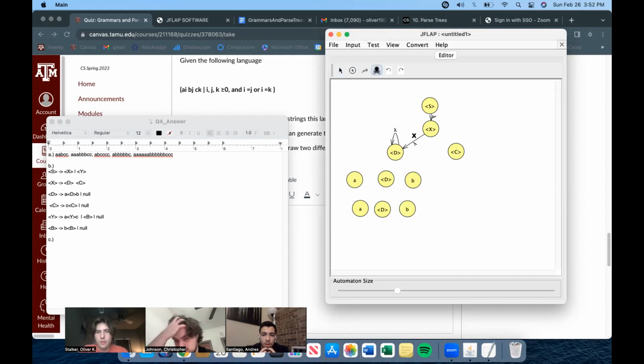Why are they all labeled with lambda? You have to do space enter. I doubt they'll care, honestly. Fix it real quick.